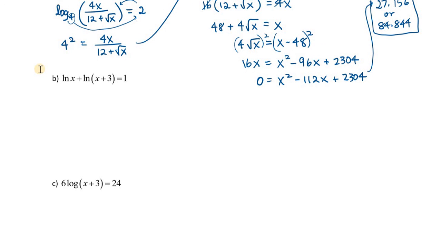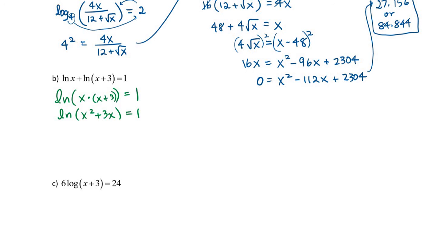Again, I've got two natural logs, and I want it to be just one log. They are added, so to write it as one log when you're adding, you use multiplication. So in this case, we would have the natural log of x times x plus 3 equals 1, which is the natural log of x squared plus 3x equals 1.